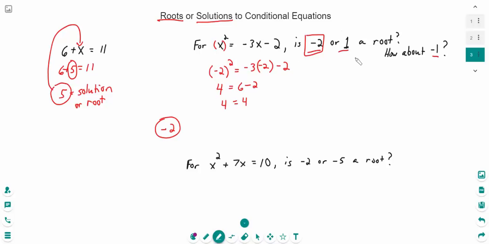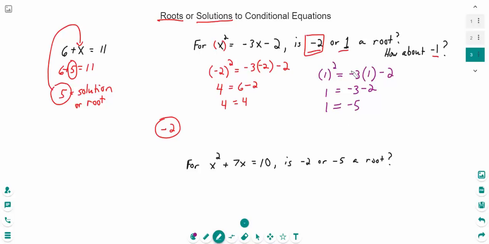Let's try the positive 1. So if we plug in the 1 for all of our x's, we're going to end up with a 1 squared equals a negative 3 times our 1 minus 2, right? So 1 squared is going to be a 1. And then on this side, we have a negative 3 times a 1, which is a negative 3, minus 2. And now we're going to rewrite it here. 1 equals negative 3 plus a negative 2 is a negative 5.